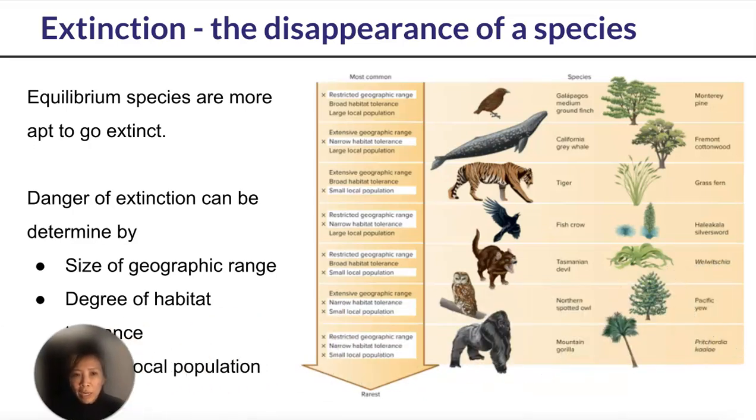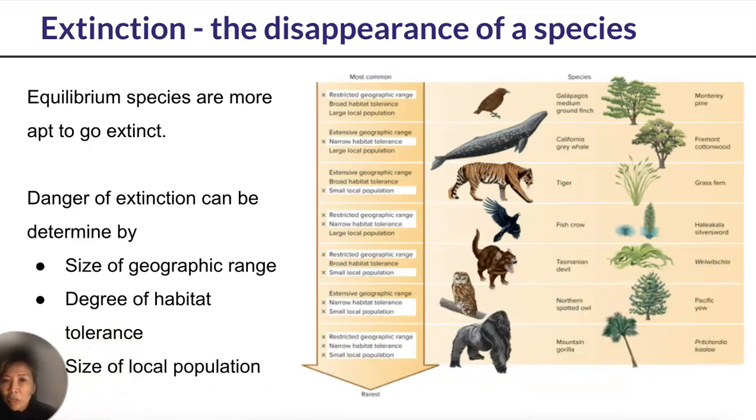Their danger of extinction can be determined by the size of their geographical range. Are they limited to living in only certain habitats? If they have a very narrow, strict habitat and can only survive in certain areas, they're going to be more restricted and have a harder time spreading and surviving, right?